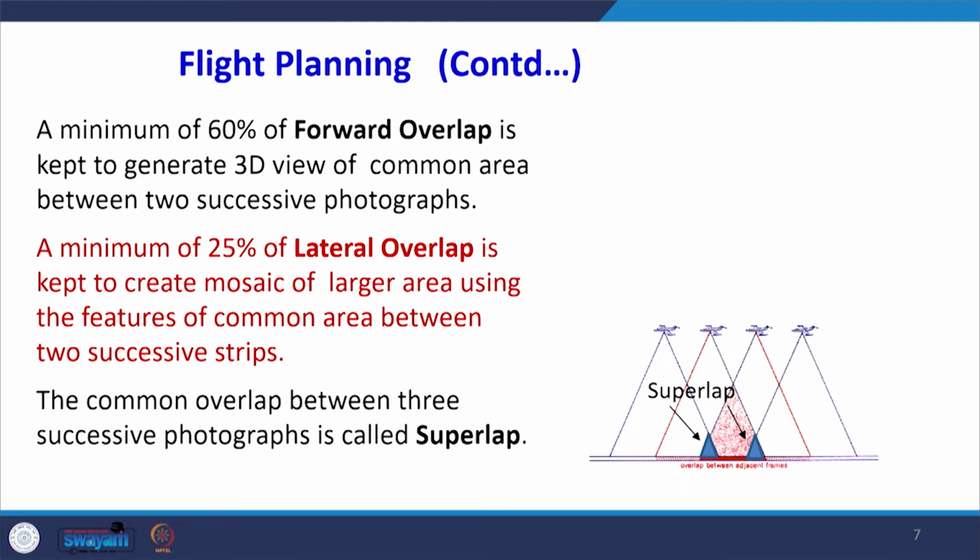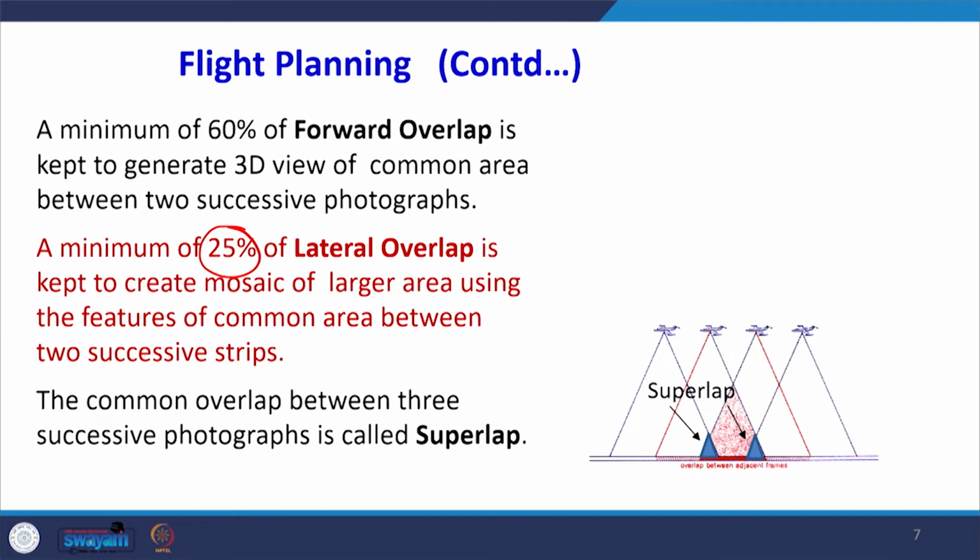Between any two successive photographs we maintain 60% or more, and the lateral overlap is 25%, so that we can create a good mosaic at the end using the common features. These overlaps are very helpful to create the mosaic as well as to see the 3D model, the 3-dimensional study.